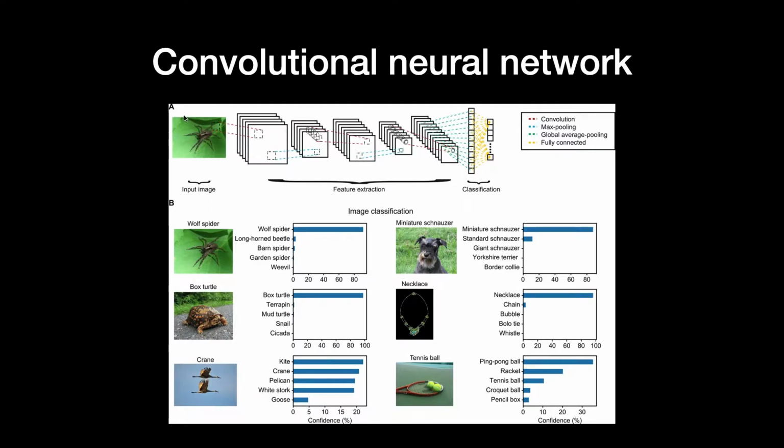Let's take a look at the first picture. Picture A, there is a spider standing on a leaf. What we want to do is perform a convolutional operation on this image and generate a bunch of images. And each image will pick up some detailed information of the first image.